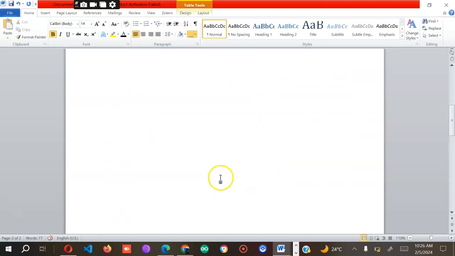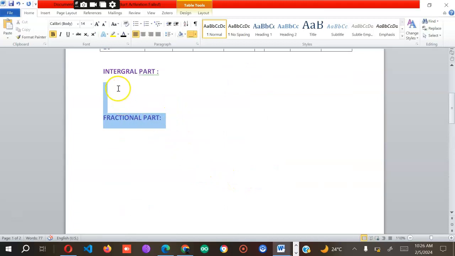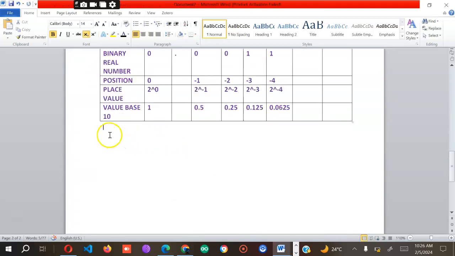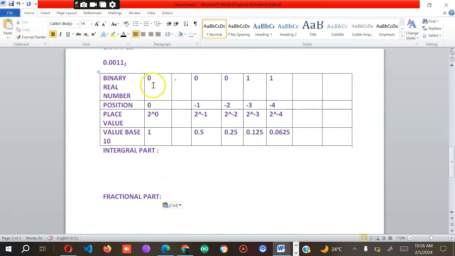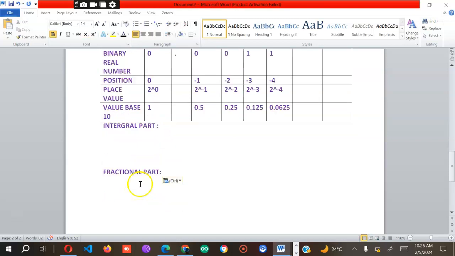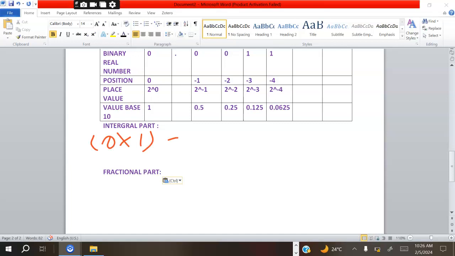Having done that, the next step is to pick the integral part. The integral part is the digit multiplied by its base 10 value. So for the first scenario, we have 0 multiplied by 1, which gives us 0.